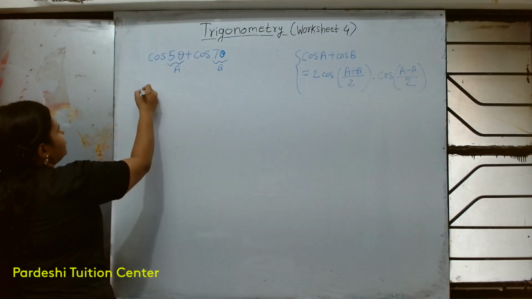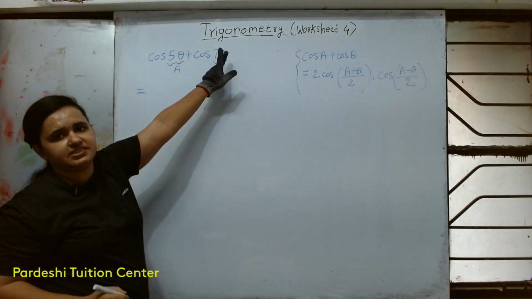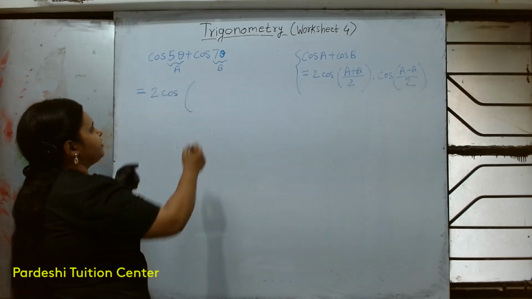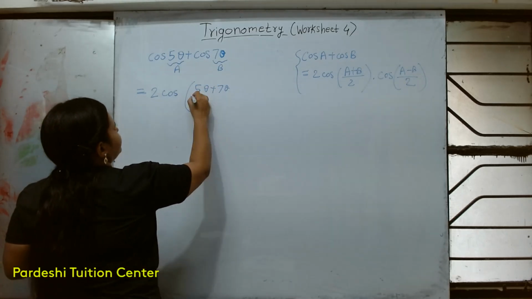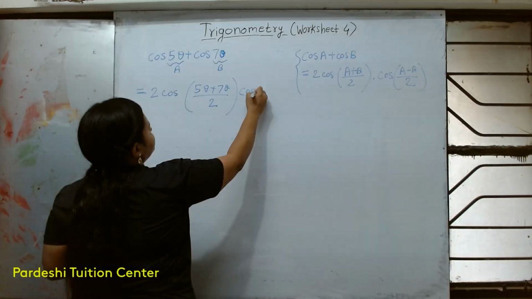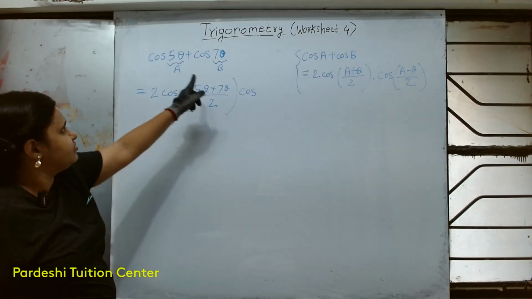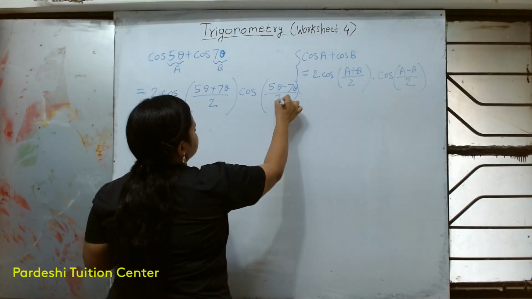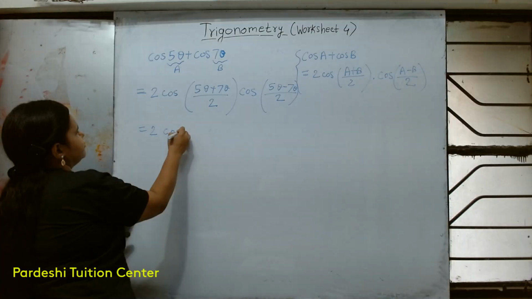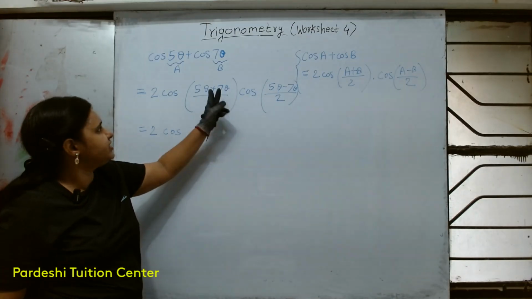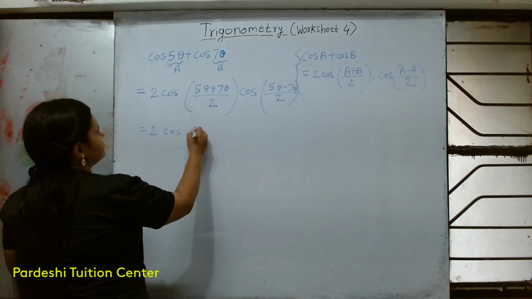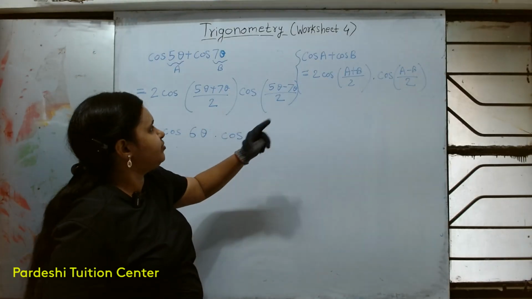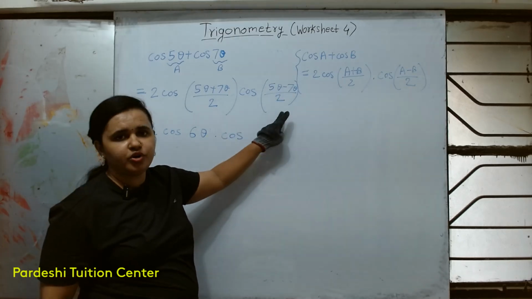So if we apply that formula here, if I take A as 5 theta and B as 7 theta, we can write 2 cos of A plus B, means 5 theta plus 7 theta by 2, into cos of A minus B by 2, means 5 theta minus 7 theta by 2. So it will be 2 cos of, now 5 theta plus 7 theta will be 12 theta, 12 theta by 2 is 6 theta, into cos of 5 theta minus 7 theta, it will be minus 2 theta, minus 2 theta upon 2, it will be minus theta.